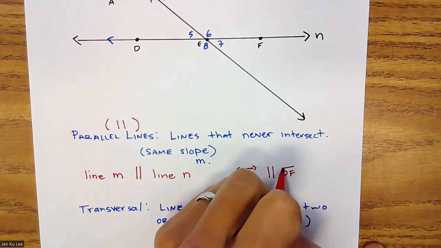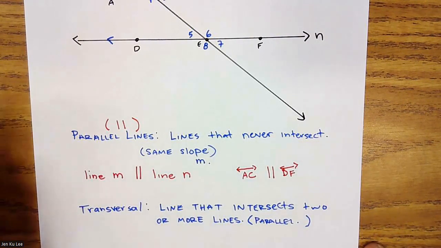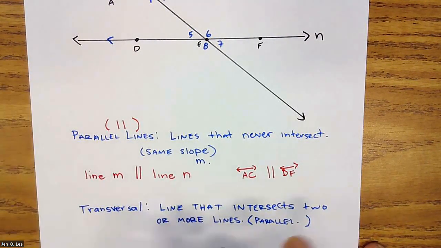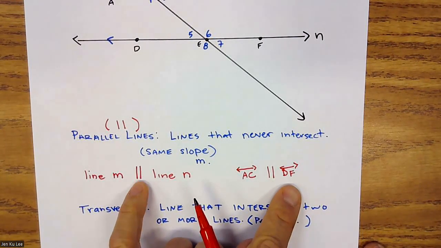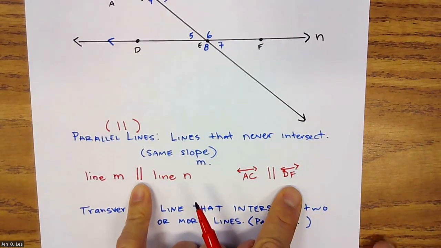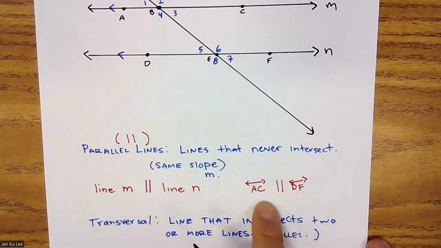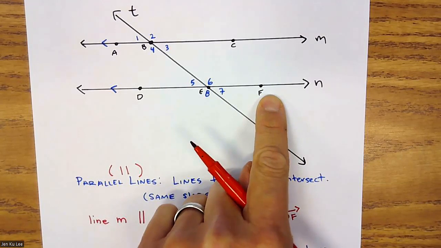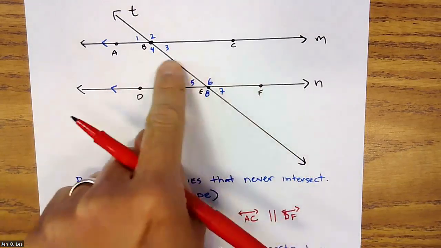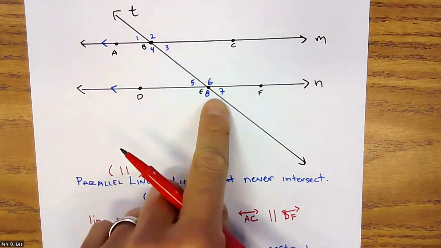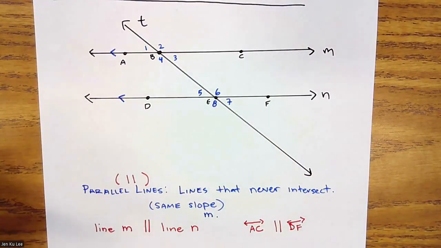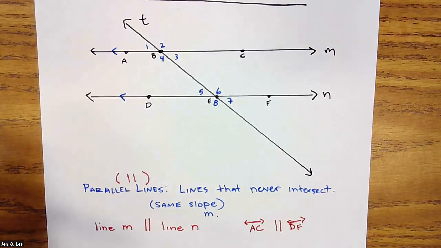DF, and write a miniature line above it. Okay? So that's how you would note the lines are parallel. All right, and then with these two letters, I can use BC, I can use EF to signify these two lines as well. I can use AB, I can use DE. Okay, so any 2 points I could use. Okay? So just take note of that.